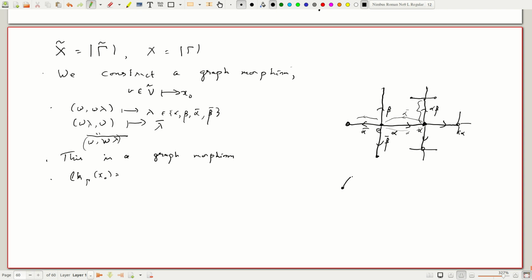That is the set of all, picture-wise, all ways of exiting X0, and there are 4 ways. You can exit up or down on alpha and alpha beta, but more formally, it's simply edges which are incident on X0, meaning their initial vertex is X0. So they're going to be alpha, beta, alpha bar, and beta bar. Everything has initial vertex X0. So this link has 4 vertices.